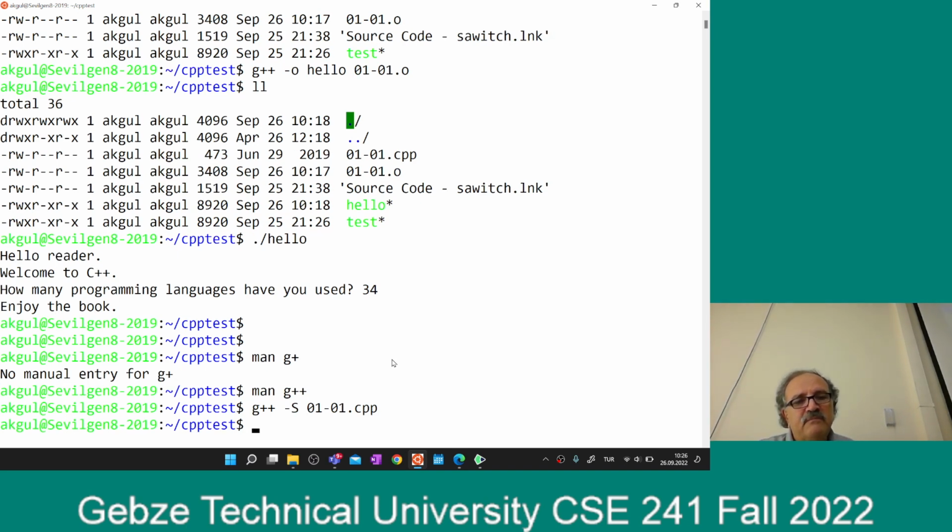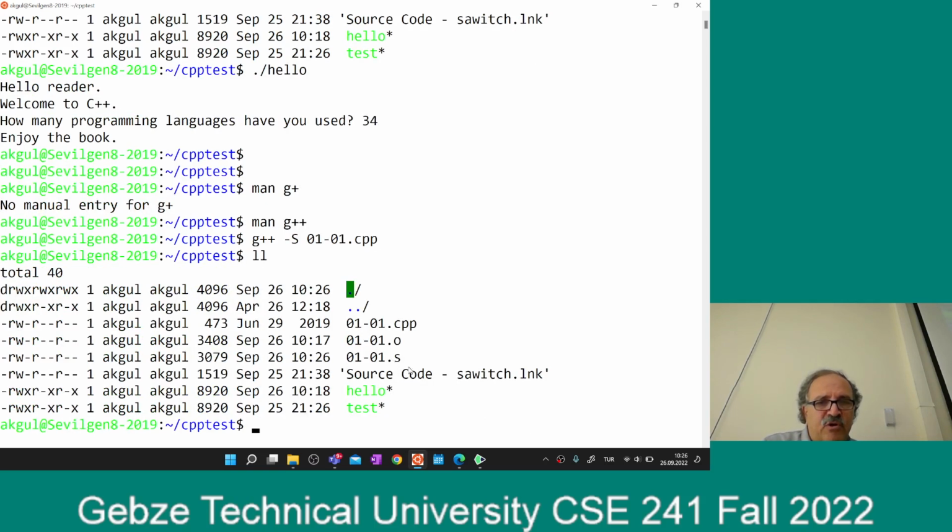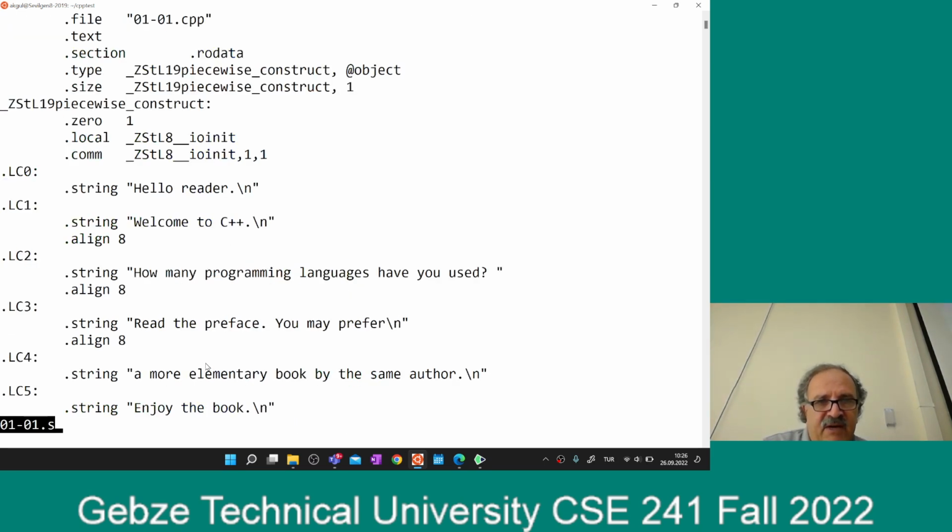Let me use one of these options, -S. Okay, it did something. Let's see what it produced. It produced a .s file. Its size is 3 kilobytes. Let's see what we have in that file. What do you see?